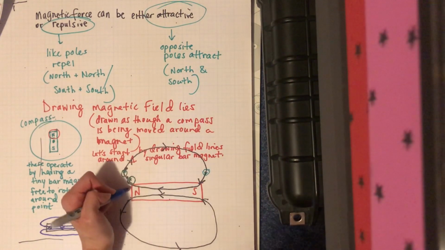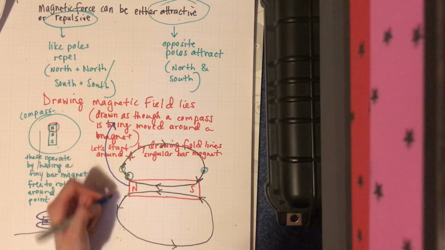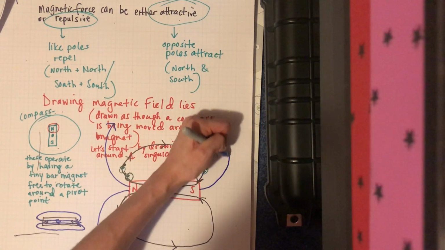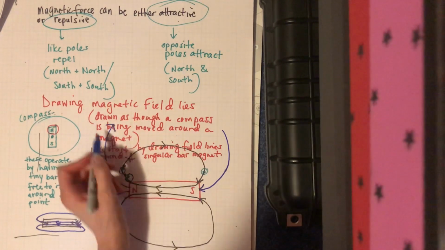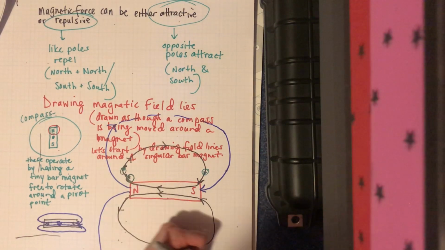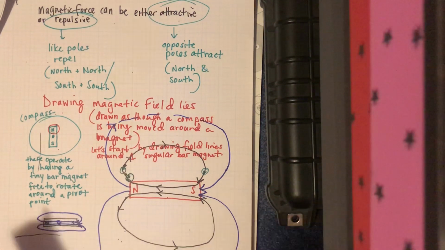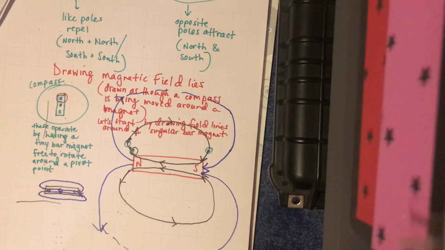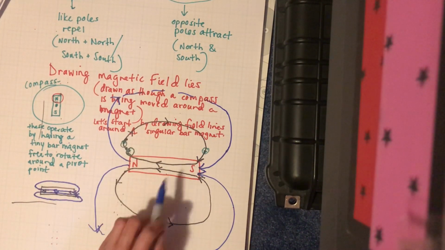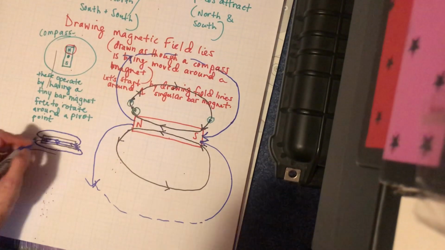But basically, if we were to add some additional field lines in, we know this might go up here, this might go down here. Same thing, but this is now going towards to close off this loop, and this is now coming towards to close off this loop, and so on. So this is just an example of what my magnetic field around one bar magnet with the north and south pole would look like.